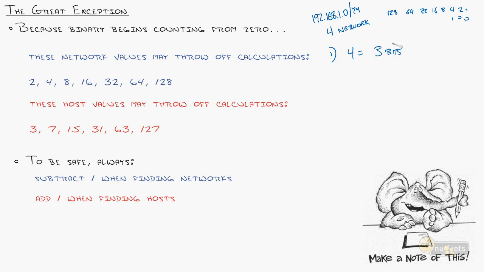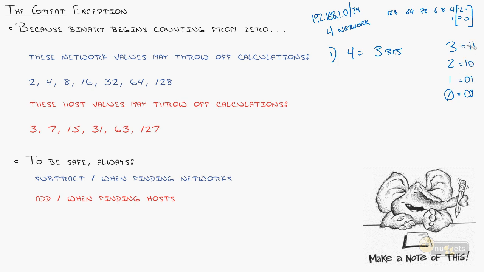Well, in actuality, because of the zero value, you can get the number 4 with 2 bits. I say, well, how's that possible? Well, if you look at this, you've got 2 and 1, which gives you 3. That's the biggest number you can get with 2 bits. But then we start working it down. We go, okay, well, there's 2, there's 1, and then there is 0. Or the binary values would be 00, 01, 10, and 11.